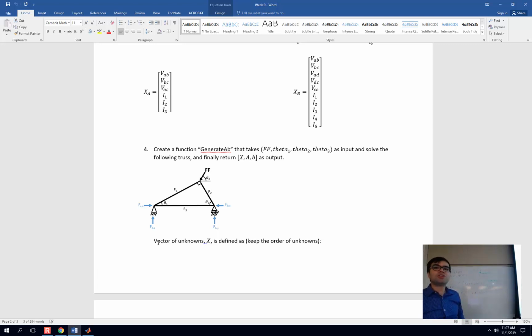You have a bunch of equations that relate the forces within each member or within each leg of the truss and for the foundation. Again, what's important here is for you to be able to write that system of linear equations.